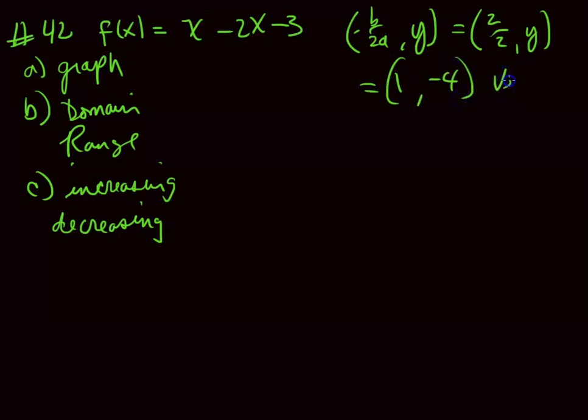We've got the vertex. The y-intercept is easy. Plug in a 0 for x, it's a negative 3. And maybe we don't need to find the x-intercepts. We could, I guess, if we wanted. Oh, which way does it open? Because the a is positive, it opens up.